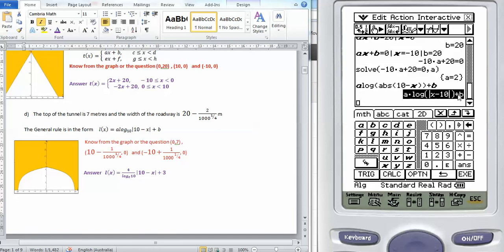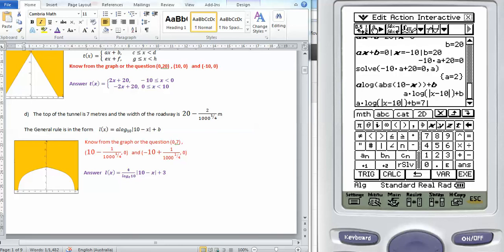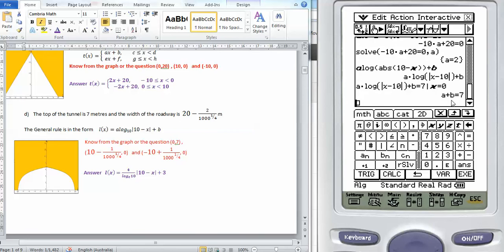So that's my function. And the pieces of information I know: it's 7 high at the greatest point, so 0, 7 is one point. So equals 7, given x equals 0. Cool. So a plus b equals 7 is one equation.